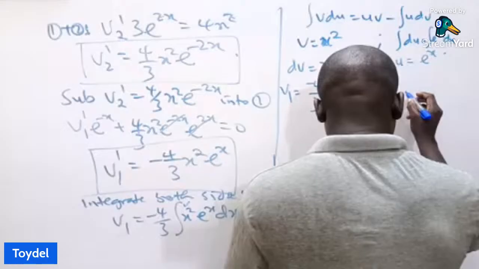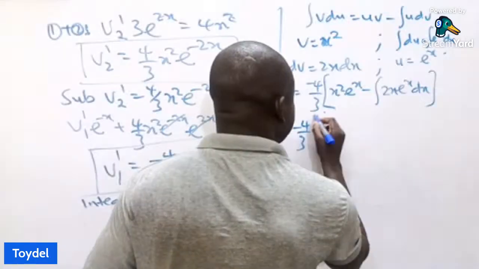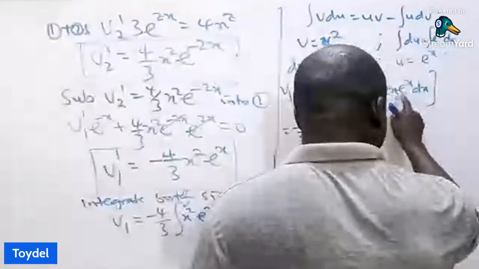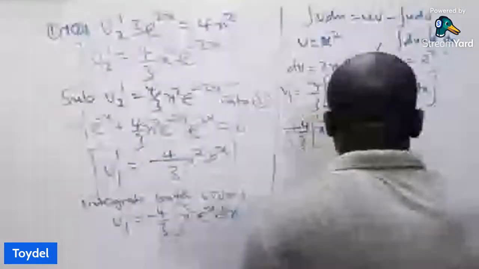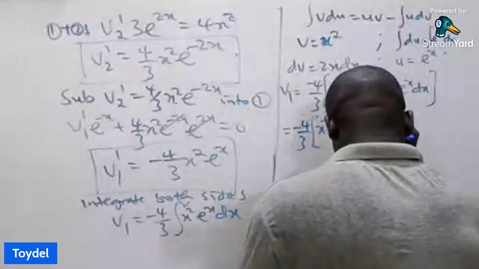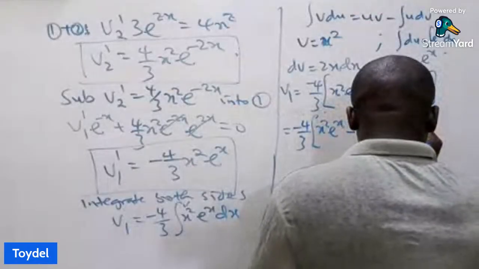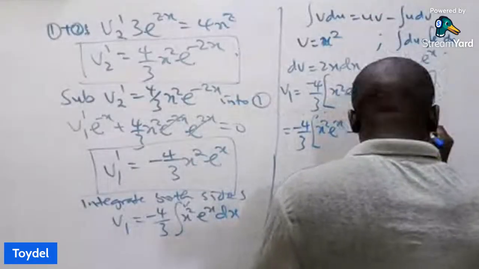So this is the same thing as minus 4 all over 3 into brackets x squared e^x minus, I will apply integration by parts on this second one also, because we still have a product, 2x e^x minus 2 integral e^x dx.